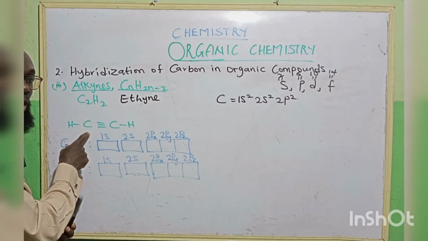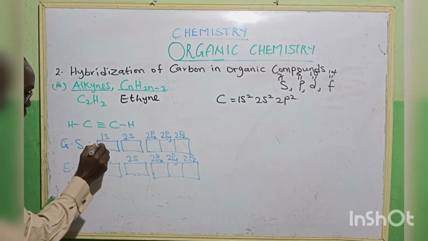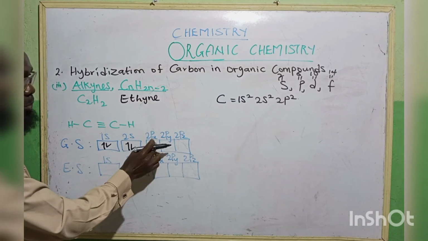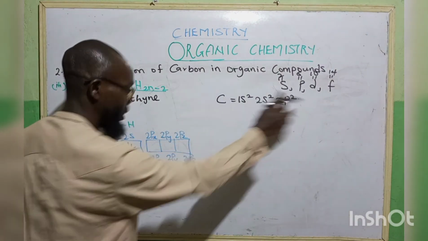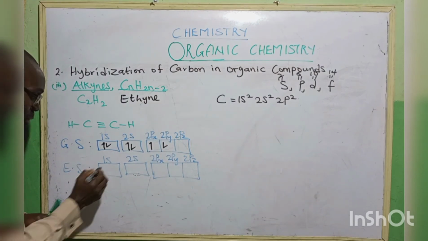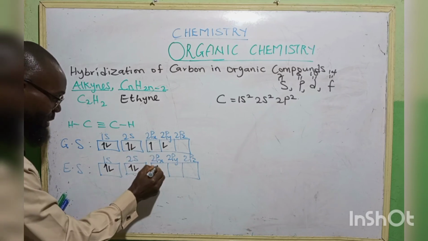So we have the formula here. Now, considering this one at the ground state, 1s2, 2 electrons enter, then when you get to p orbital, 2p2, these 2 electrons will go singly. Now, at the excited state, we have 2 electrons as well, then singly.